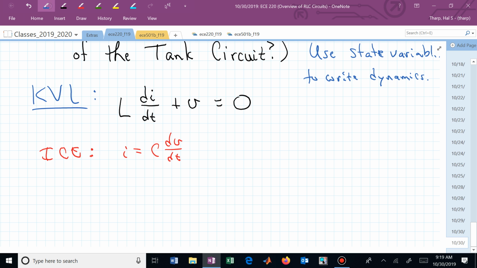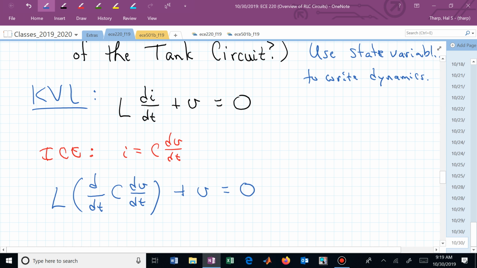So then we'll end up with one equation in terms of one variable V. Or now we say L is d by dt of C dV dt. Is that okay? Is that kind of ugly, but you know what I'm doing? We had L di dt, and we're replacing I with C dV dt, plus V is equal to 0.